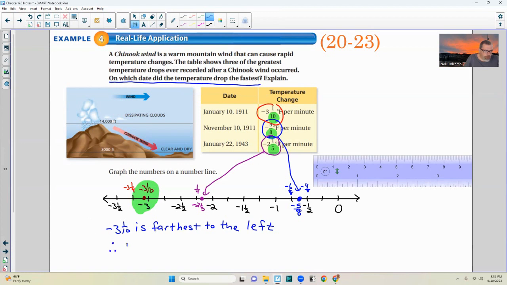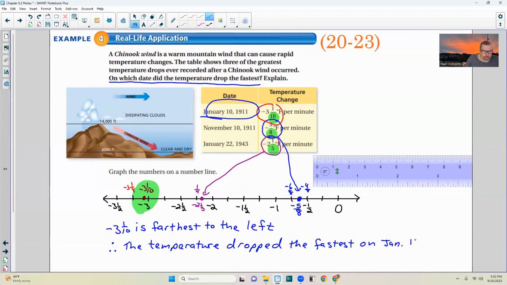Therefore, the temperature dropped the fastest on, right here, January 10th, 1911. Okay, so there's a complete sentence answering the question.